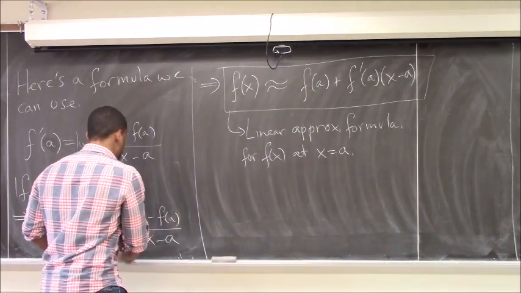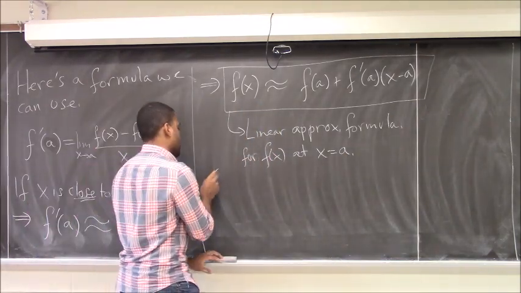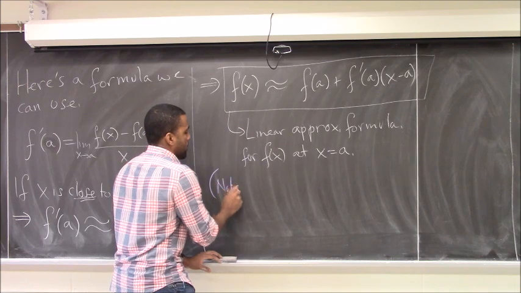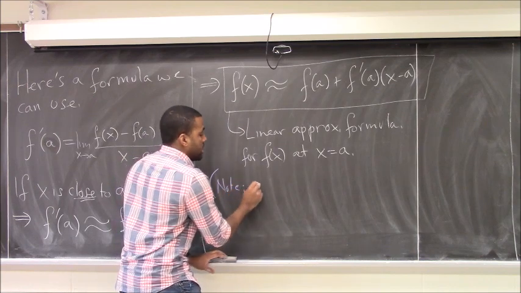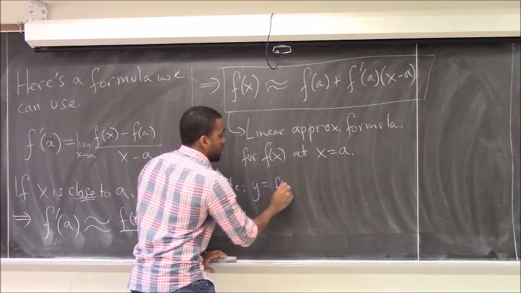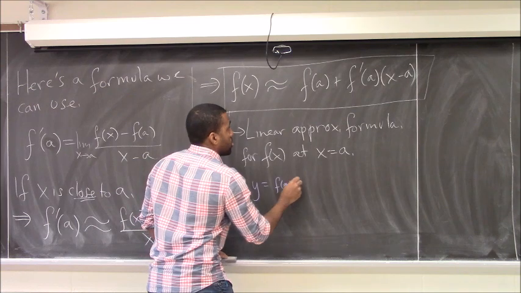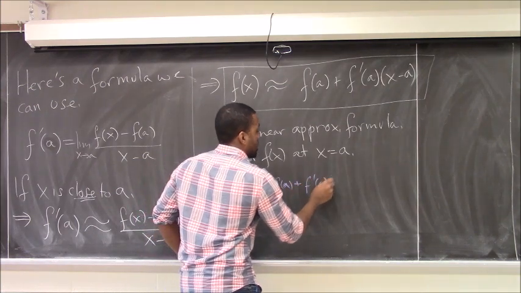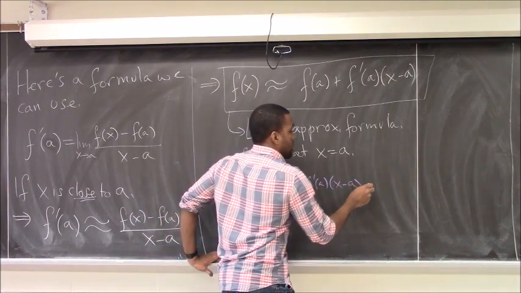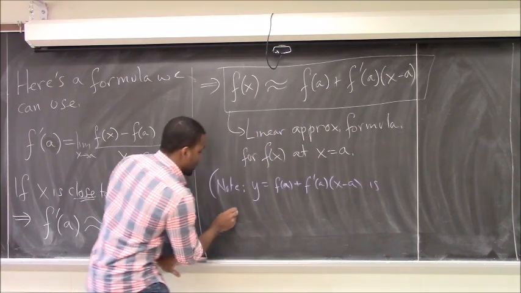One thing you can notice is that if I take the function y equals f of a plus f prime of a times x minus a, that's actually the equation of the tangent line.